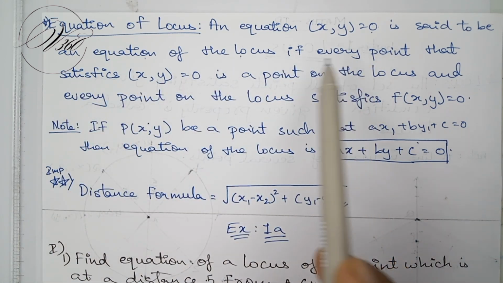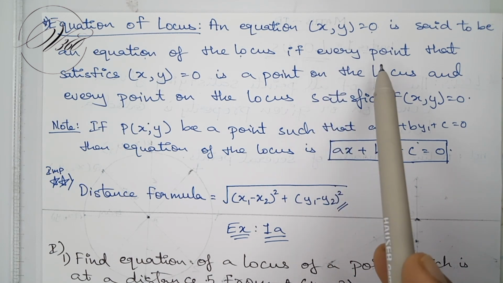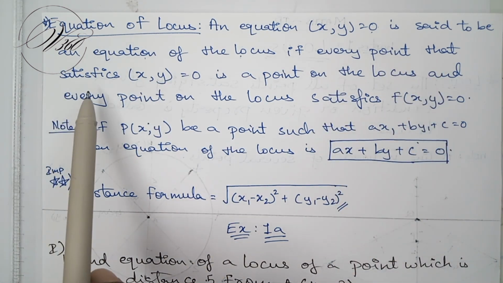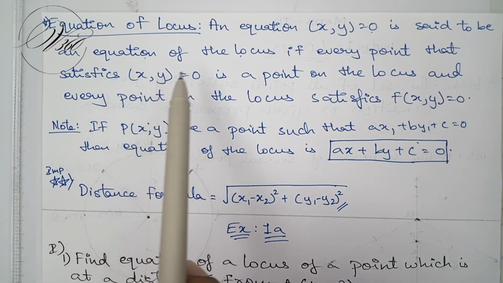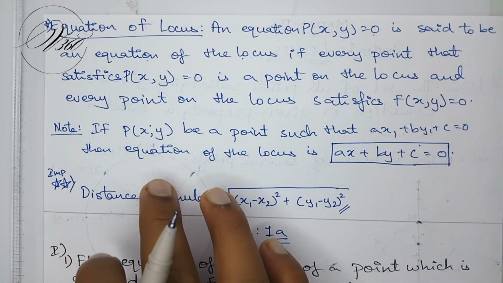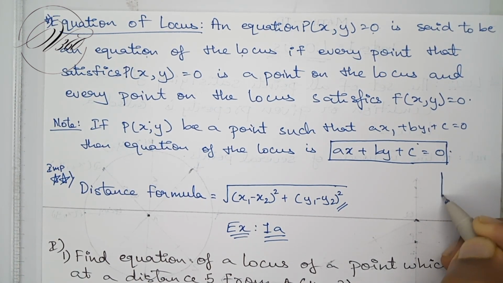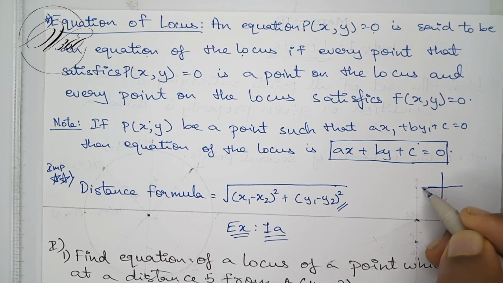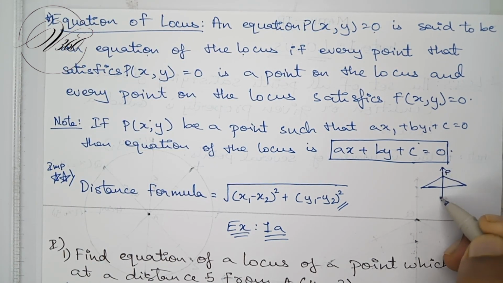We can say it is an equation of the locus if every point which satisfies the equation, we will take P as a point right here, P is a point here, also P is a point, P equals 0, then it is a point on the locus, right? As we took an example of the diagram here, let's draw it again. This is point P. Here there are so many points from here till here, right?